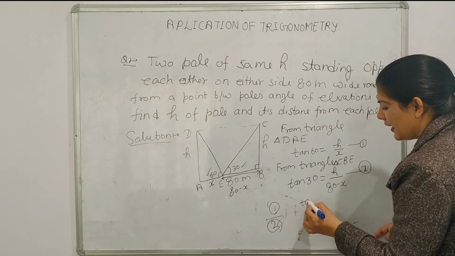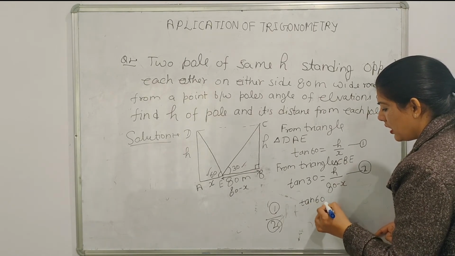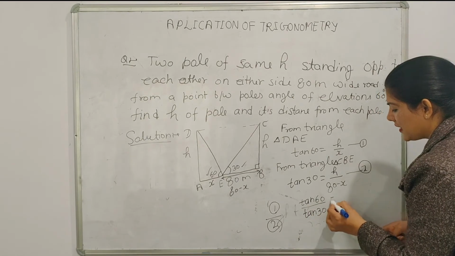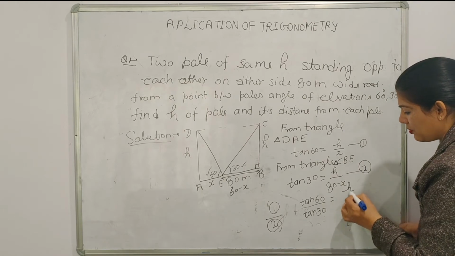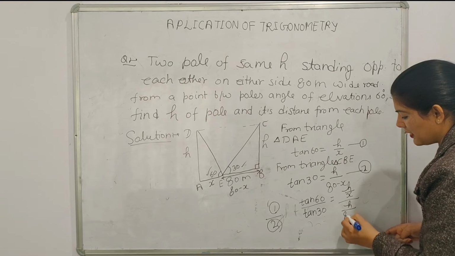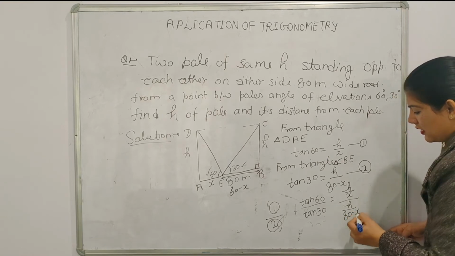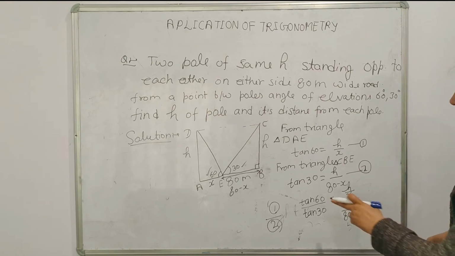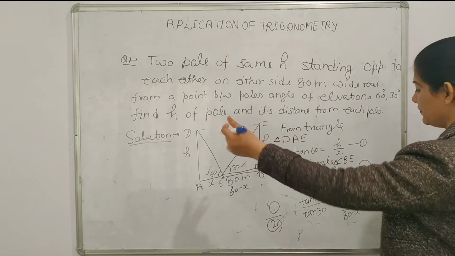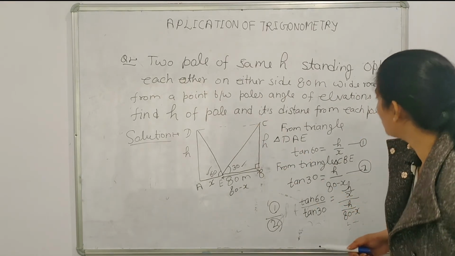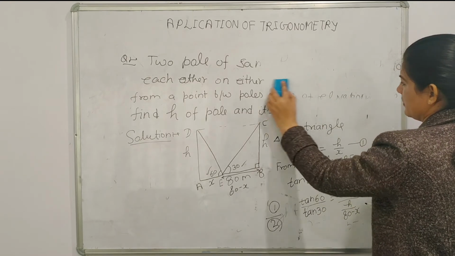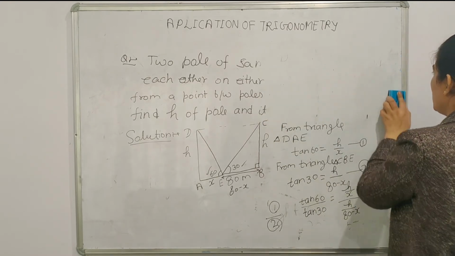So this is tan 60 upon tan 30, and on the right side we have h by x divided by h upon 80 minus x. So tan 60 is root 3.